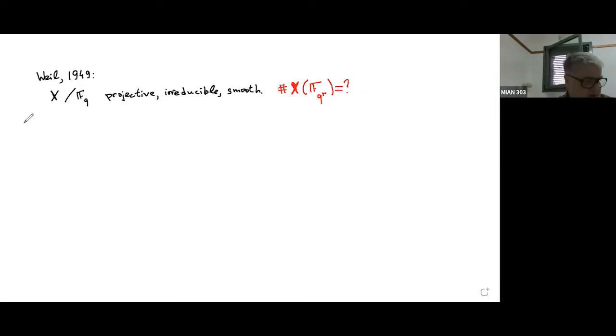It was rather difficult in 1949 and extremely easy now using the available software. So what we are discussing now belongs to experimental mathematics.